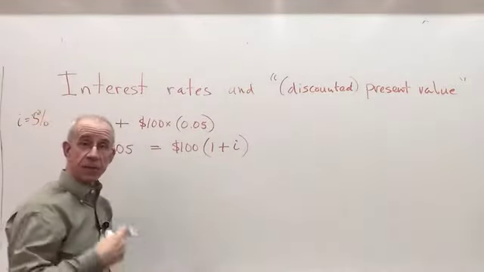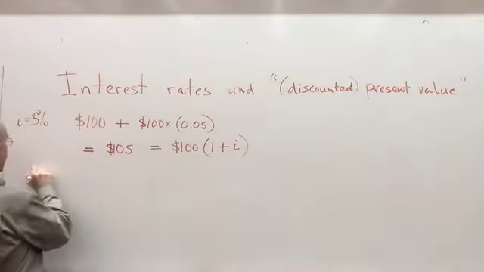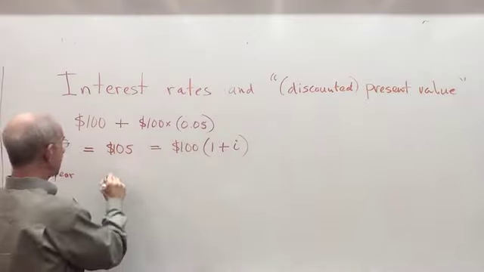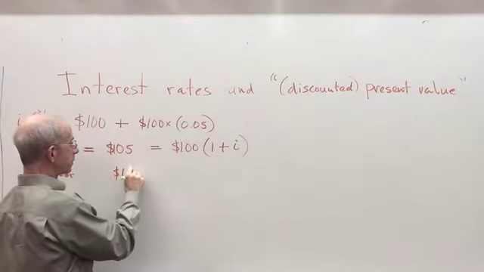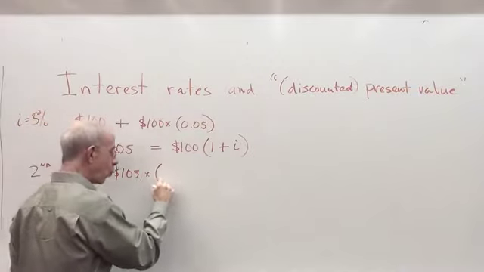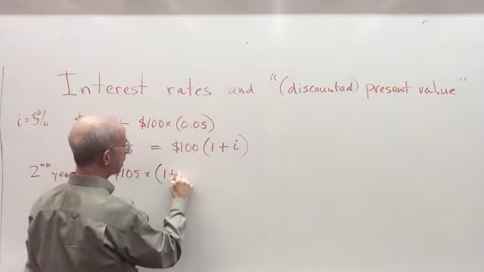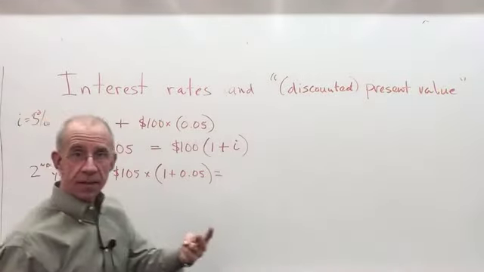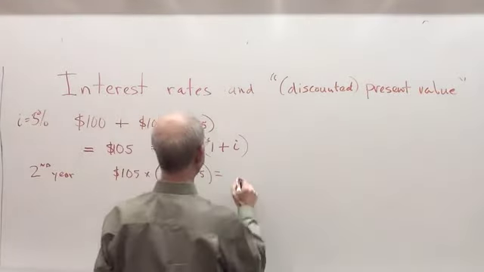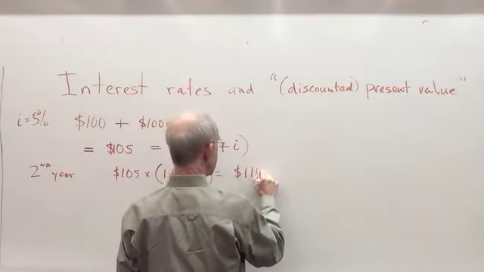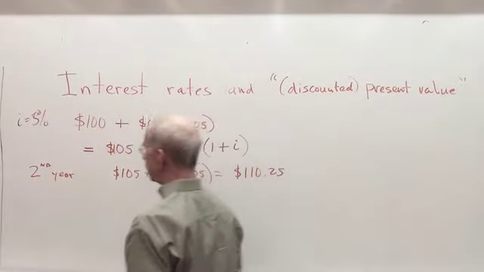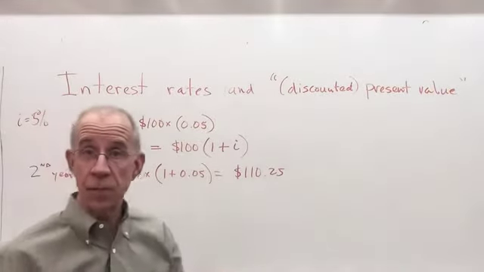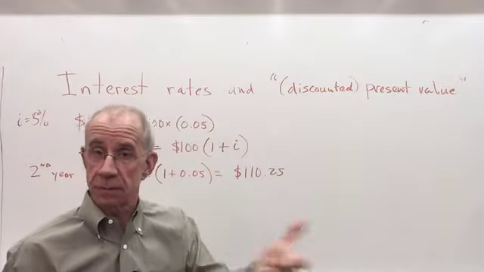Now, let's say I invested it for a second year. I'm going to get $105, and I'm going to multiply that times 1 plus the interest rate. And after the second year, earning that same interest rate, I would have $110.25. So I can turn my $100 into $110.25 if I put it into the bank at 5% interest.